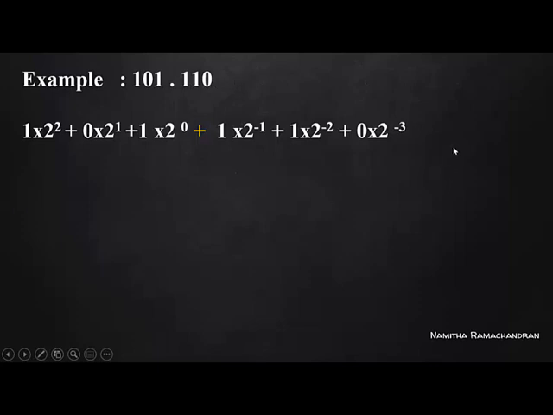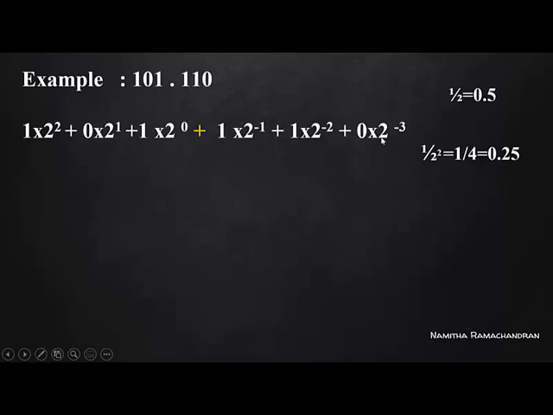After finding them, we sum them up. 1 into 2 to the power minus 1 means 1 by 2, that is 0.5. 1 into 2 to the power minus 2 means 1 by 2 squared, or 1 by 4, that is 0.25.